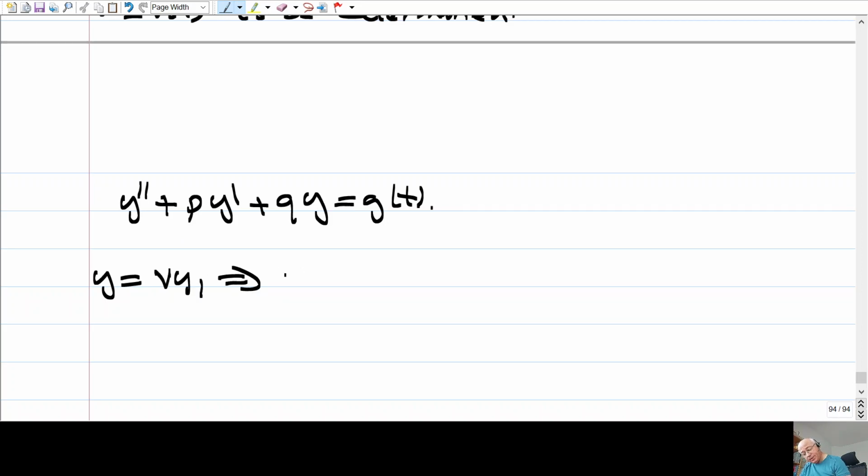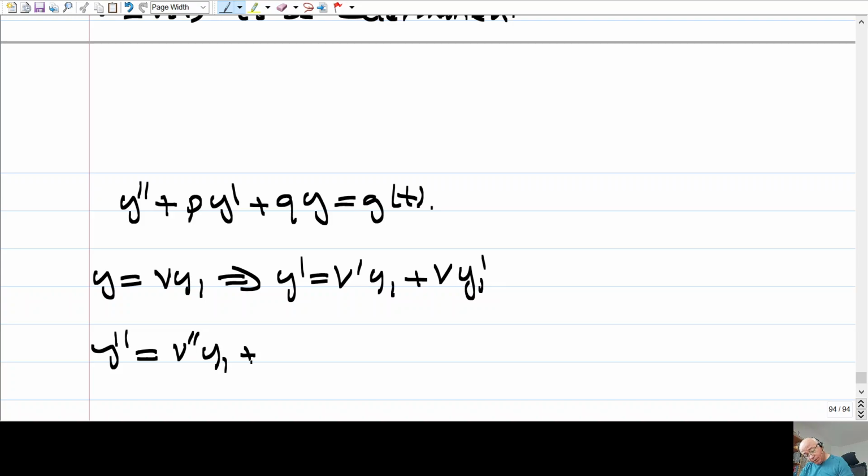Let's start taking derivatives. What is y prime? They are both functions of t, so its derivative will be just v prime y1 plus v times y1 prime. And what about the second derivative? The second derivative will be v double prime y1 plus v prime y1 prime plus terms coming from this gadget, v prime y1 prime plus v times y1 double prime.